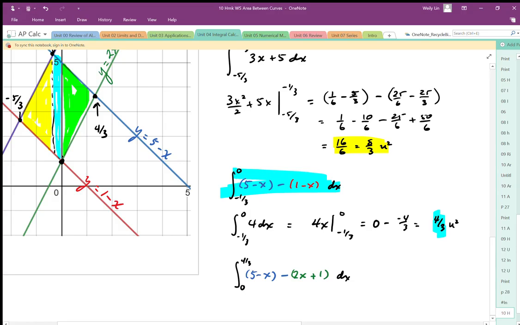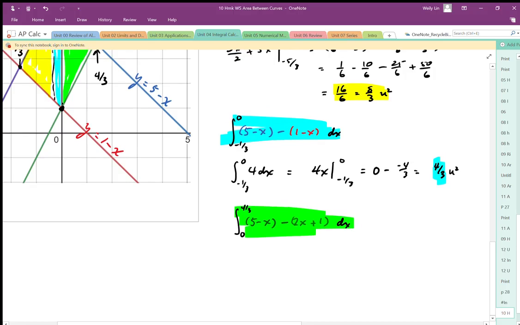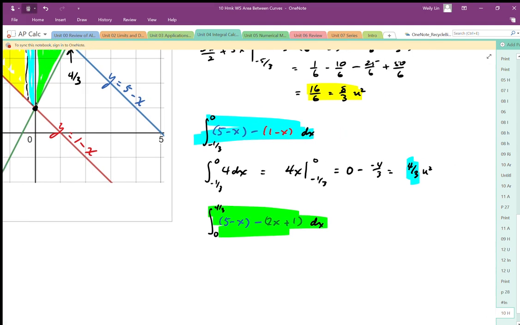That green area is going to be represented by that integral. Simplifying this integral, we end up with, from 0 to 4/3, 4 minus 3x.